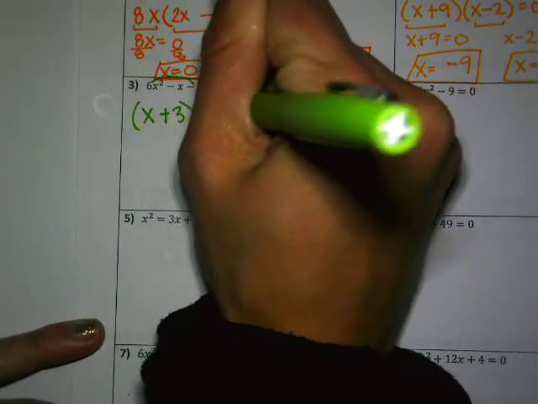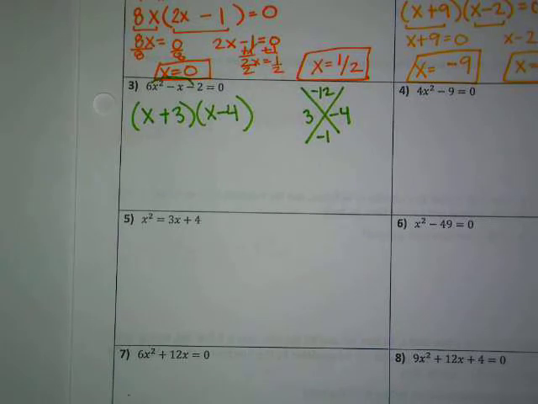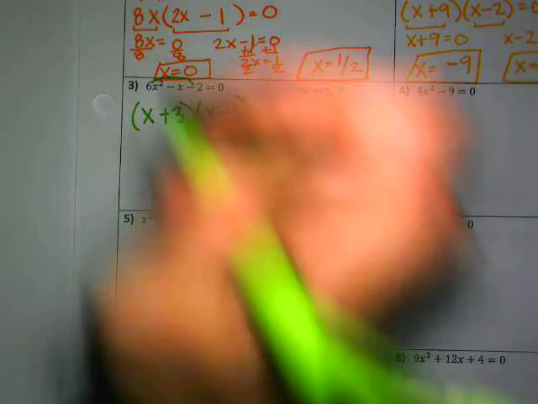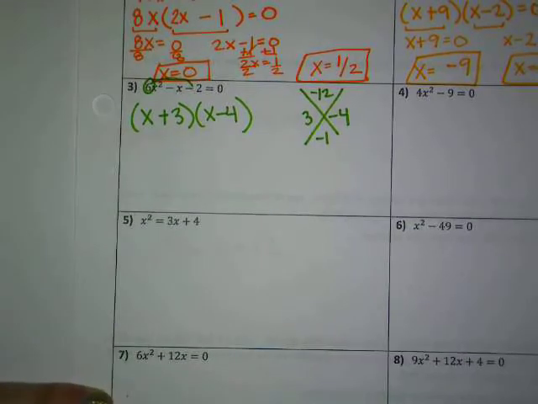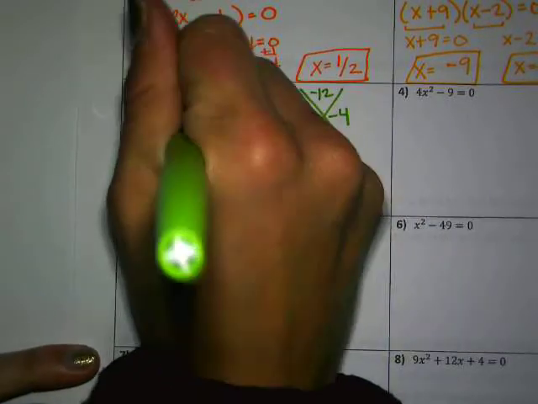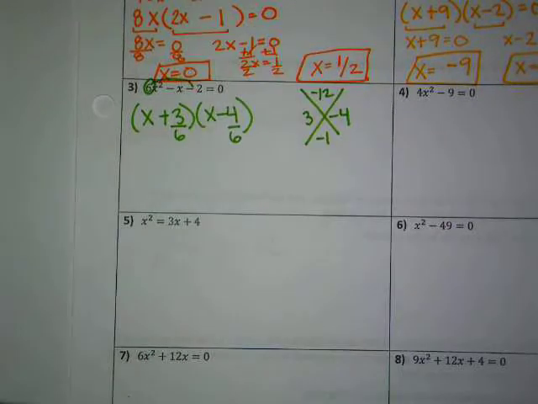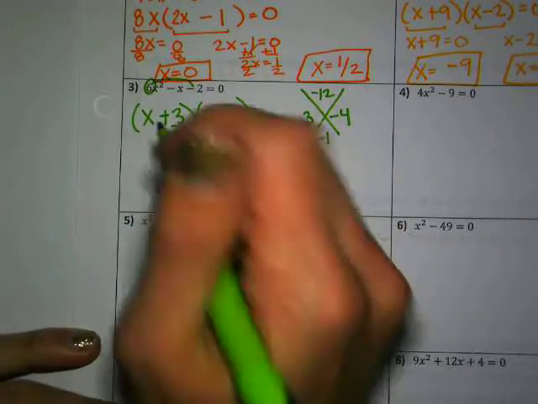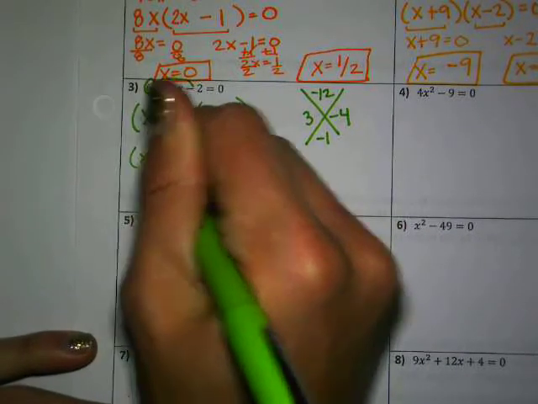Do I have to divide by something? Yes, the 6. So I have to go back and divide by the a value, the 6. So divide by 6 and reduce. Don't forget to reduce. What is 3 divided by 6 reduced to? 1/2.